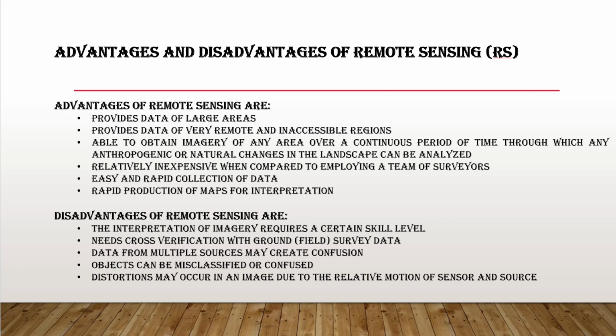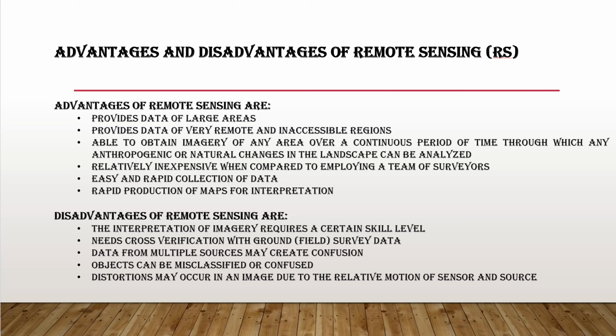It is relatively inexpensive when compared to employing a team of surveyors, and it allows easy and rapid collection of data and rapid production of maps for interpretation. So these are the various advantages of remote sensing.